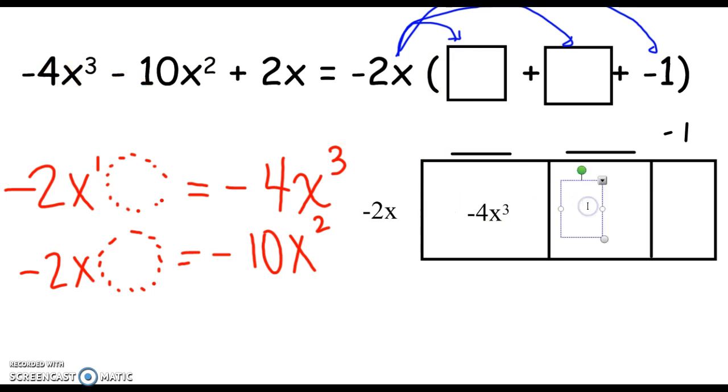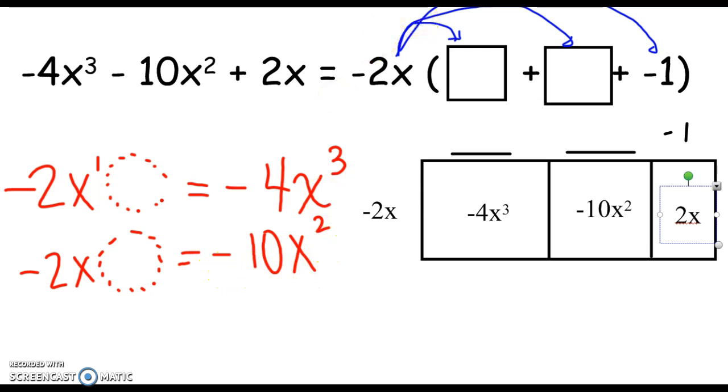Then we would have a negative 10x squared. And over here, we'd have 2x. So if I take negative 2x times negative 1, that is 2x. Negative 2x times something equals negative 10x squared. And that's what's represented right here. Or right here, sorry. Negative 2x times something is negative 10x squared.